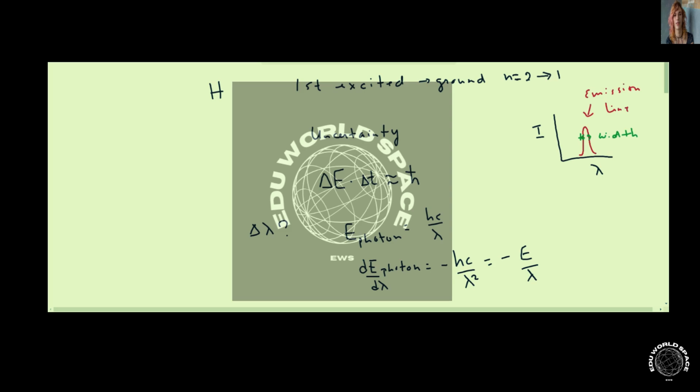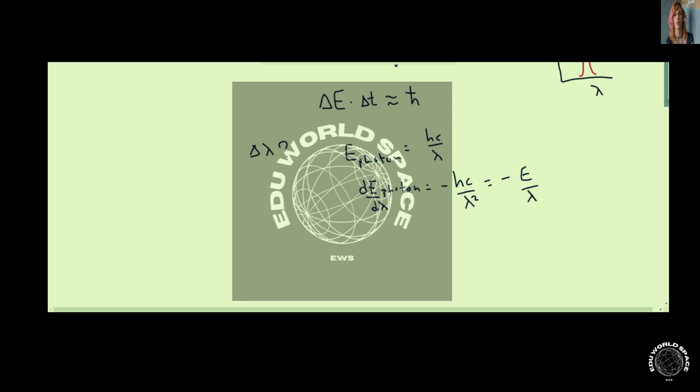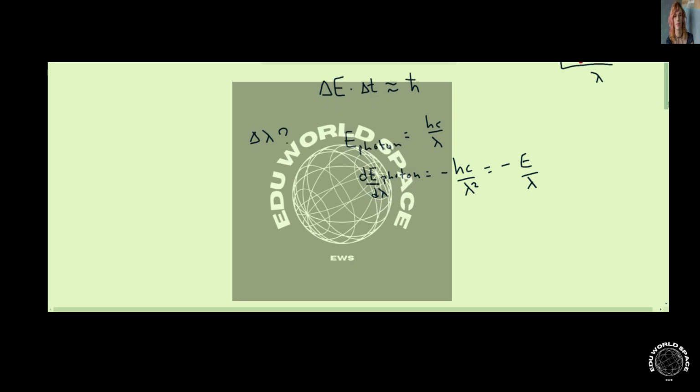And now we can think of those infinitesimal differences as uncertainties and separate delta E photon. We're going to take an absolute value too, because it's an uncertainty. So it really is a plus minus.